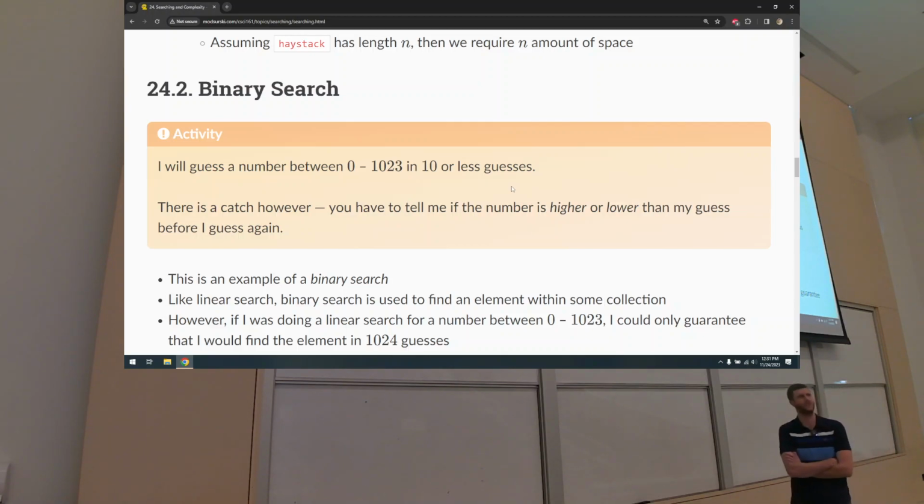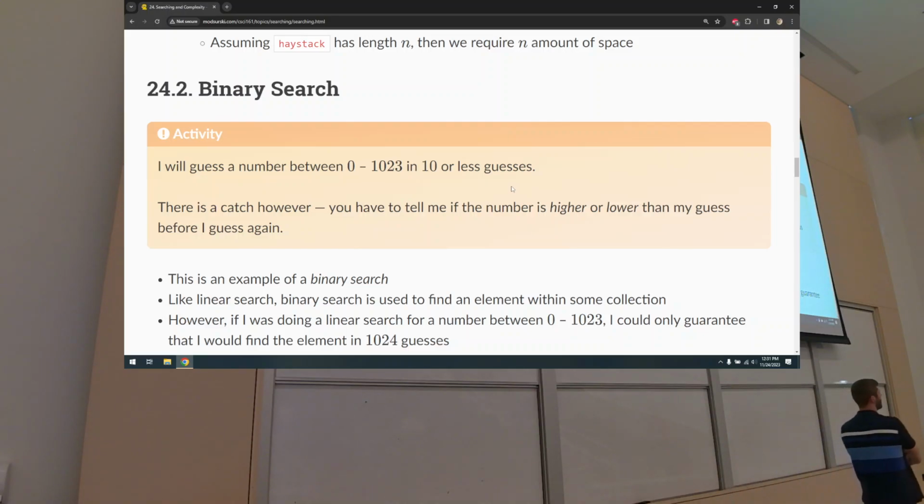With binary search, we saw something a little different. We played that game where I said pick a number between 0 and 1023, and I told you I could get the number in 10 guesses. If I was doing a linear search, how many things would I have to guess to guarantee I find the number between 0 and 1023?